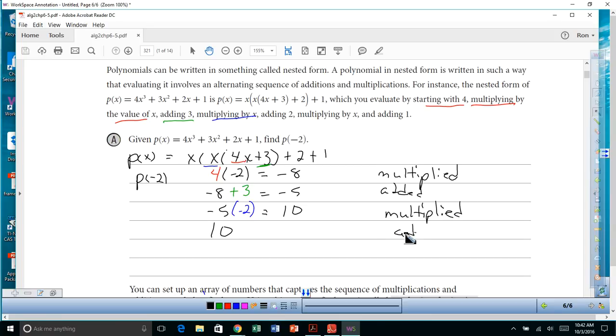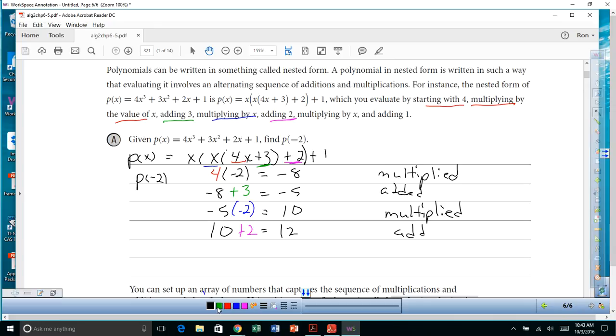Now we're going to add again. We're going to add 2, there's our 2 right there. So 10 plus 2 gives us 12.